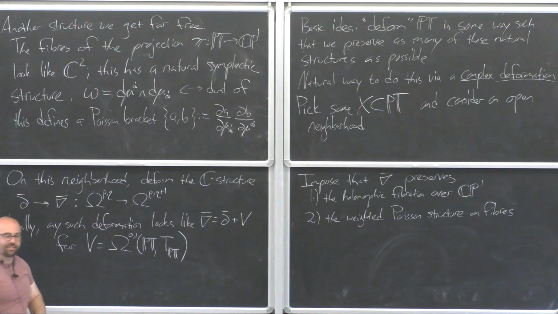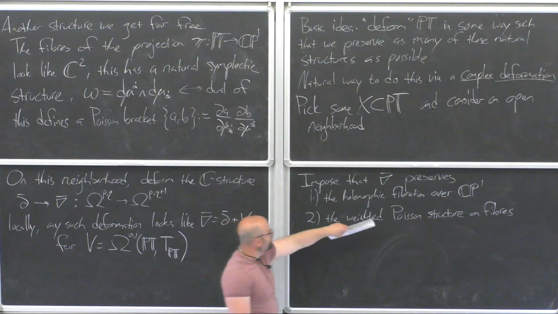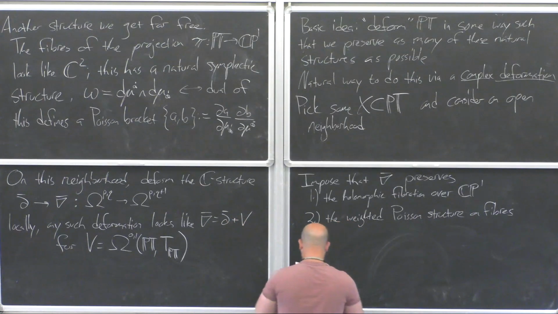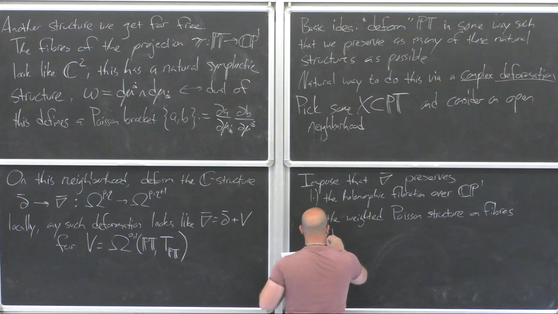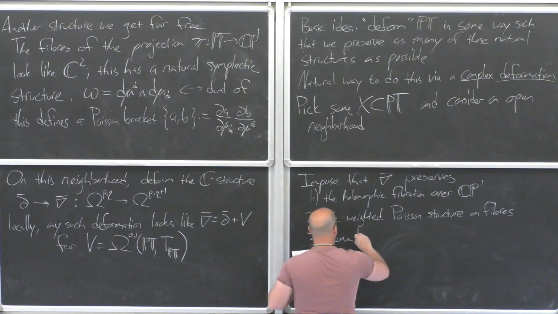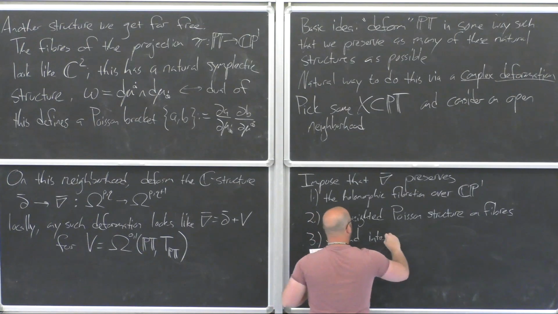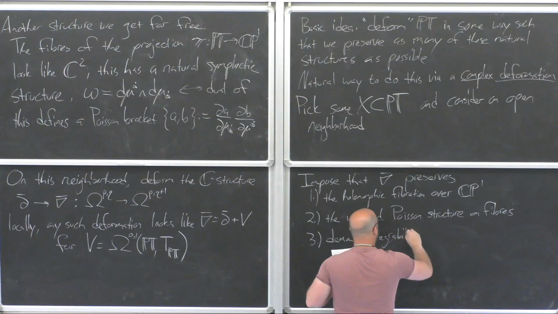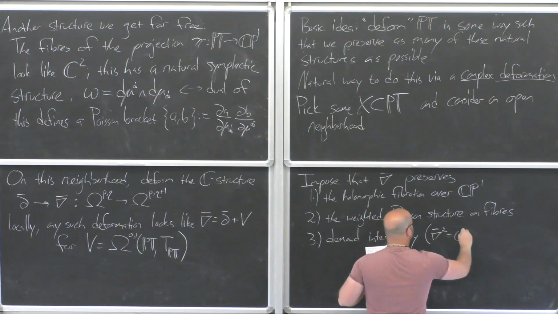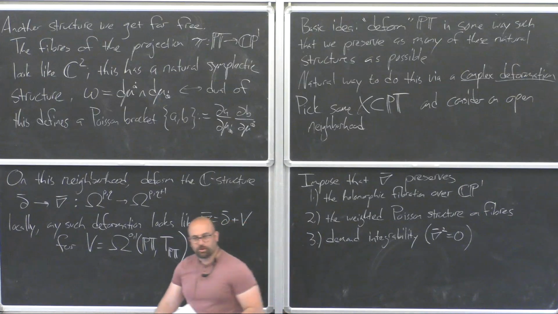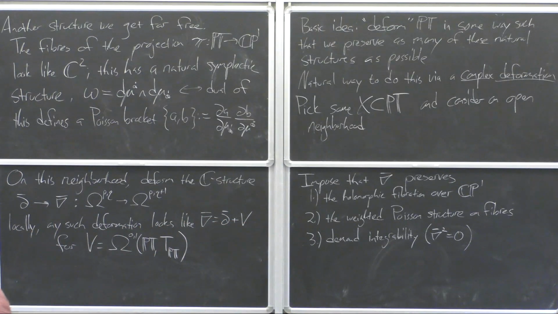Sometimes mathematicians get very angry if you don't put this word weighted in front of it. And 3, we're going to demand that our complex structure is integrable. So del bar squared, nabla bar squared has to be equal to 0.